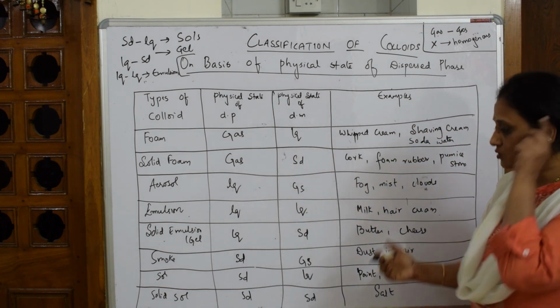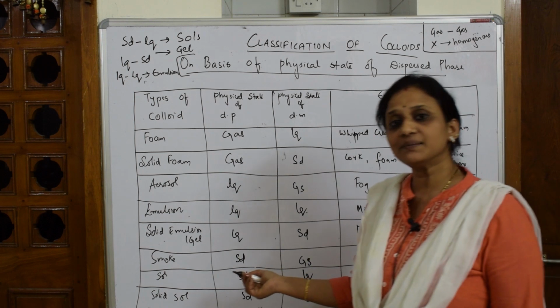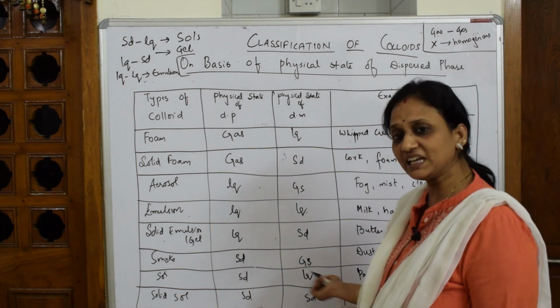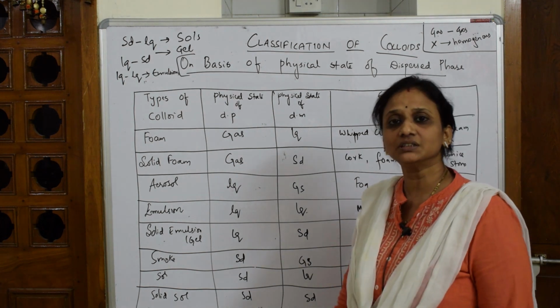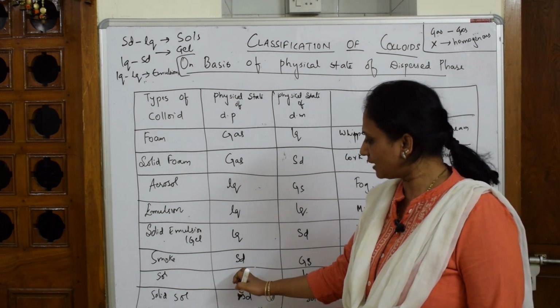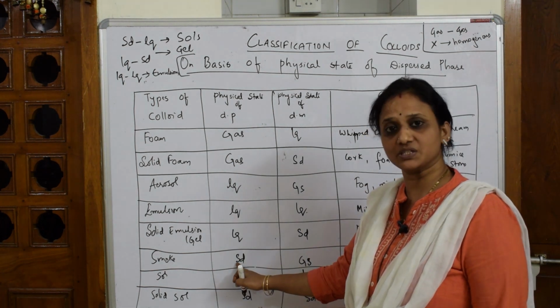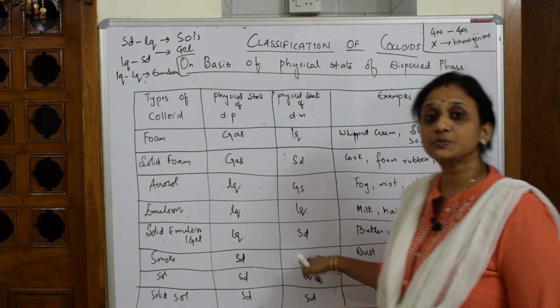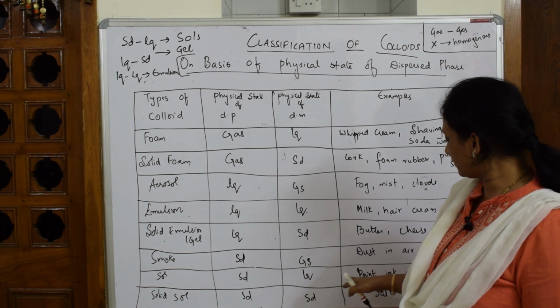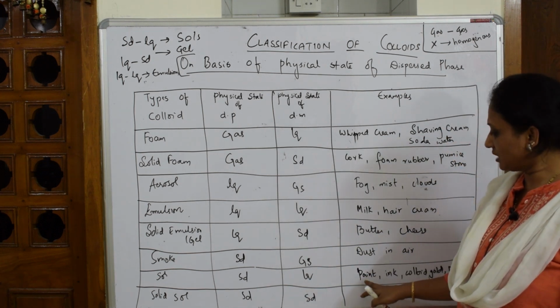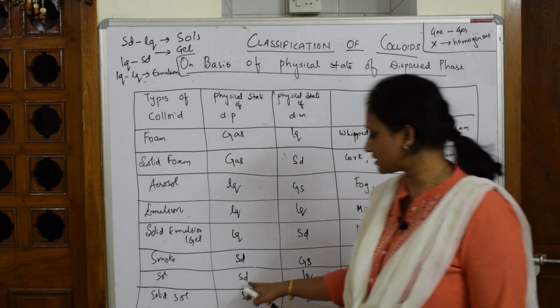Next important thing. In your exam, they may also ask you to give an example in a colloid where you have solid as the dispersed phase and gas as the dispersion medium. They may give it in that way also. So what should you write? Suppose they give me paint. In paint, what is the dispersed phase? Solid.